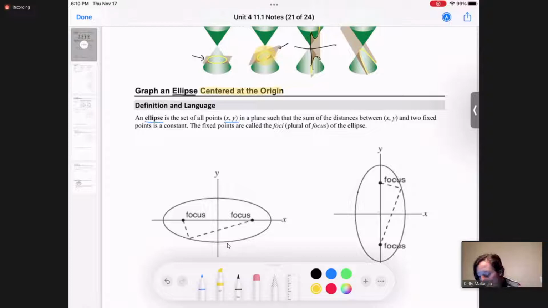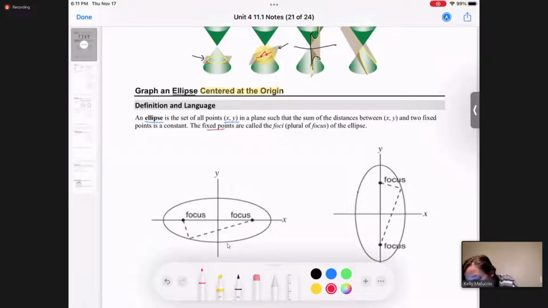So what this means is that if I took that circle, and maybe I can draw it, let's see. If I took a point x, y here, and then on the plane, I took two other points, the distance that's created from the fixed points to a point all around should be constant.